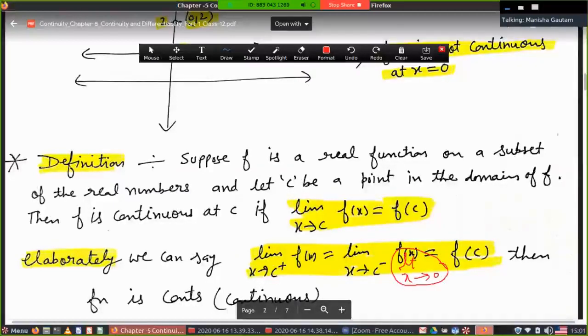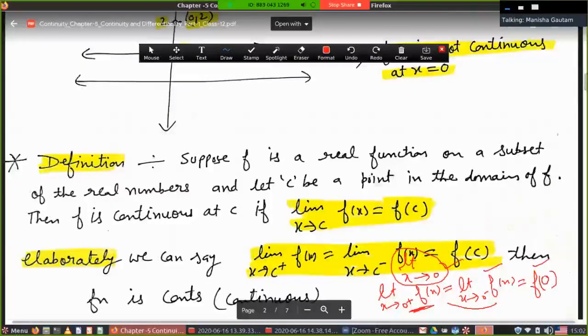If I want to check whether the function is continuous or not, then you have to check the limit as x tends to 0 positive, the right hand limit of the function, and the limit as x tends to 0 negative, and the value of the function at x is equal to 0. If all three are equal, then you will say that the function is continuous at x is equal to 0.